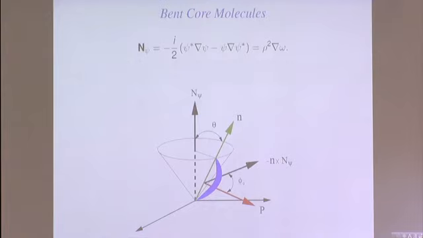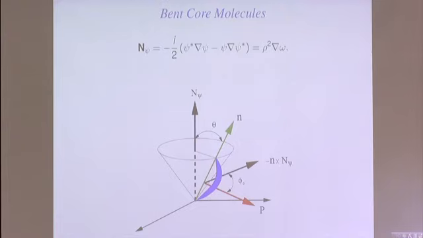So there is another interesting material. Recently, many people have been working on bent-core molecules, which are banana-shaped. In that case, the molecules bend in this direction, looking like bananas. In that case, the model is: you connect the two endpoints, and this is the vector n, and then there is a polarization vector. In general, they are not perpendicular as in smectic C. There is some angle between P and n cross n psi.